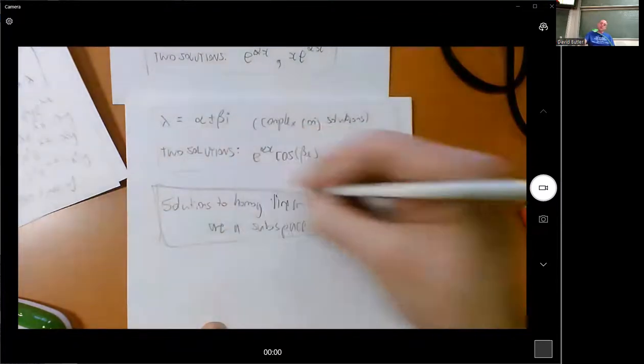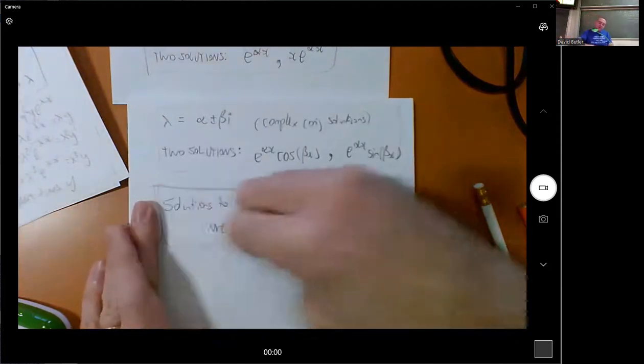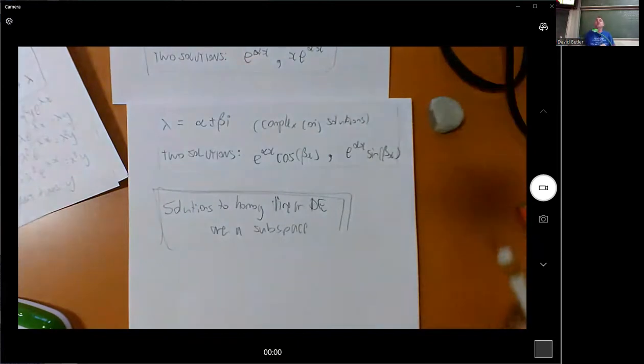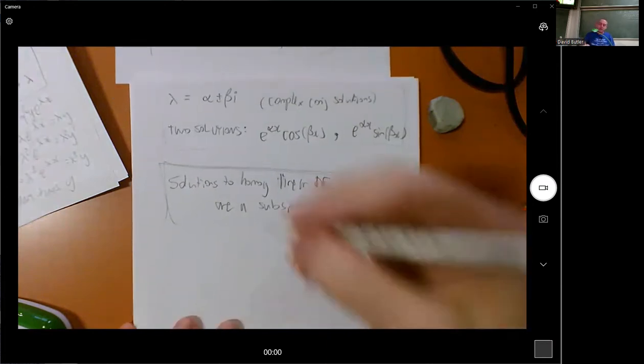Which means that once you've found them, and even better, it's not just that it's a subspace, this is the kicker. If it's a second order DE, it's a 2-dimensional subspace. If it's a third order DE, it's a 3-dimensional subspace. If it's a first order DE, it's a 1-dimensional subspace.